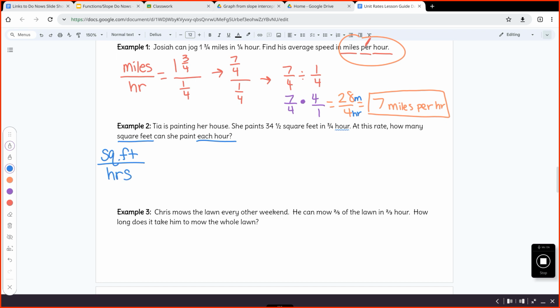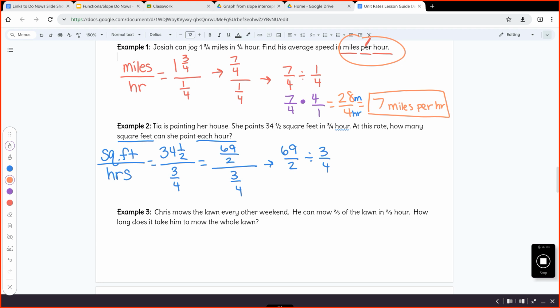There is no per here, but you're given this each, and that tells you that you need to divide by hours. So we've got 34.5 square feet over 3/4 hours, which, when you turn this into an improper fraction, is 2 times 34 is 68, plus 1 gets you 69 over 2, divided by 3/4.